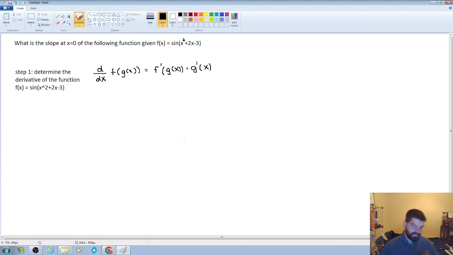So the chant that some of you may be familiar with is take the derivative of the outside, keep the inside, and multiply it by the derivative of the original inside.